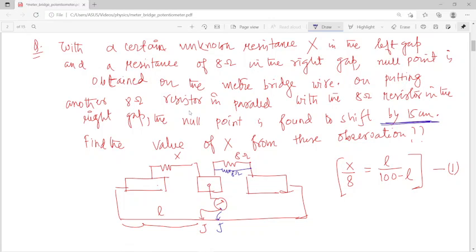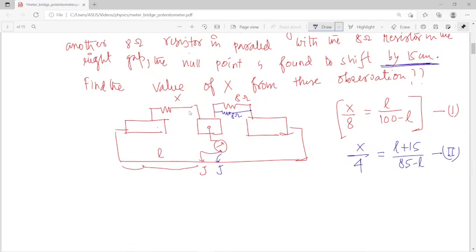So in the second case, parallel combination of 8 and 8 will give you 4 ohm. That means X by 4 is L plus 15 divided by 85 minus L, because the total is 100. If it is shifted by 15 centimeter, the other side will be reduced by 15 centimeter.